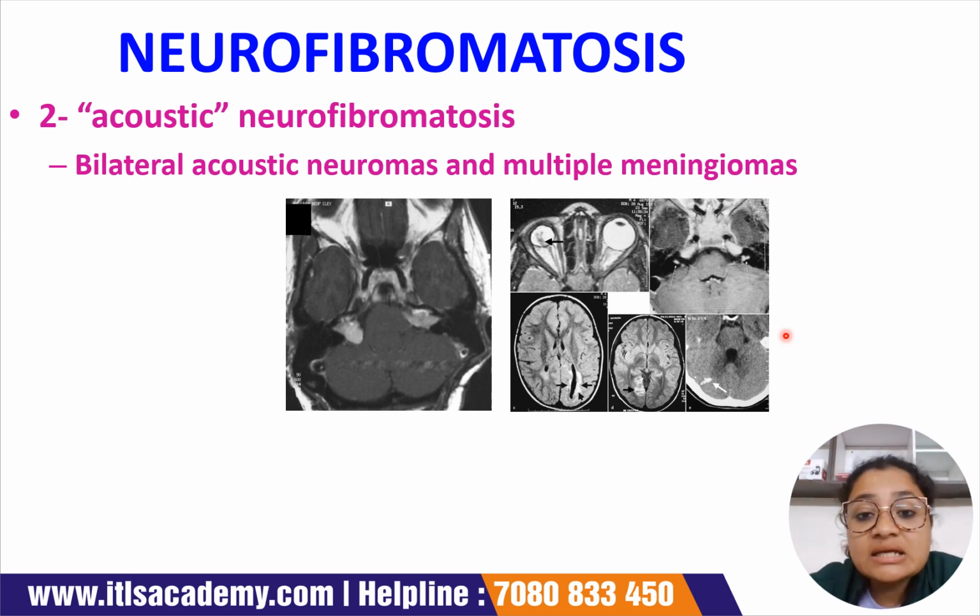If there is any kind of abnormal growth in the meninges, that is known as meningioma. Multiple such abnormal growths are seen in type 2 neurofibromatosis, which is shown in the cross section diagrams that I have given here. That is the typical characteristic clinical feature of acoustic neurofibromatosis, that is type 2 neurofibromatosis.